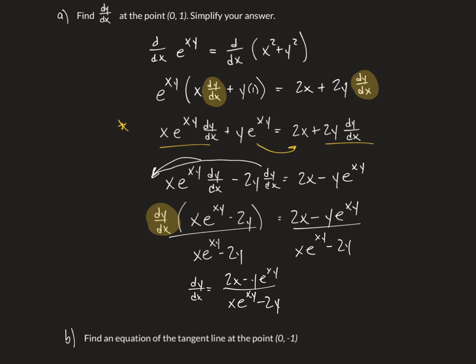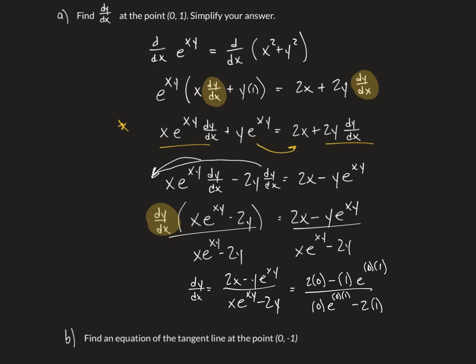So remember, the original question wants me to know the value of this at the specific point, 0, 1. So now all I have to do is use this function that allows me to tell the rate of change of y with respect to x and plug in those values. So I have 2 times the x coordinate, 0, minus the y coordinate, 1, times e to the 0 times 1, over 0 times e to the 0 times 1 minus 2 times 1.